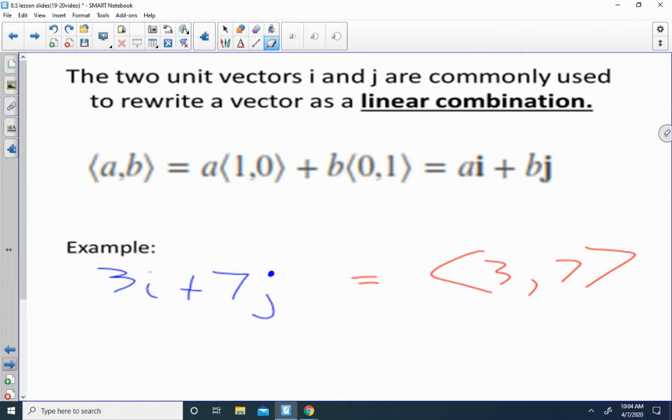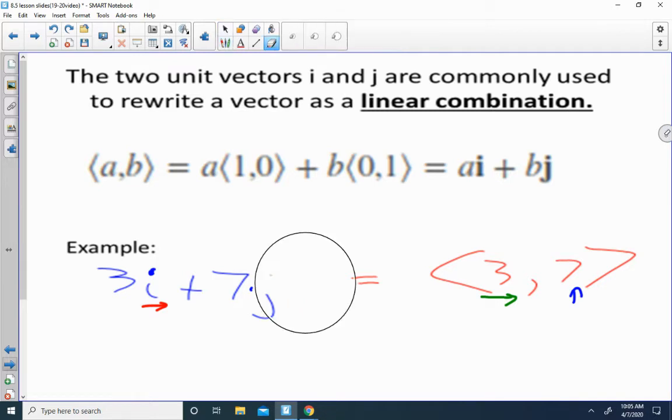Anyway, moving on. What's going on here is basically saying it wants you to take the unit vector I, multiply it by 3, and of course you know the unit vector I is 1 unit to the right. And if you multiply that by 3, that means you're going to move 3 units to the right, which is what is translated here. And then for the second one, you know unit j is 1 unit up. If you multiply that by 7, 1 unit times 7 is 7 units up.